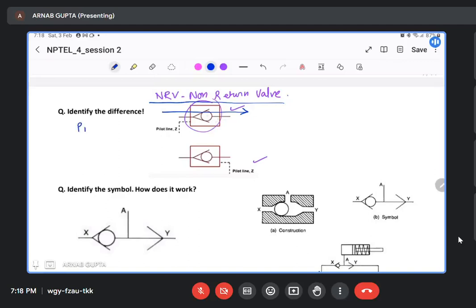This is basically called a pilot to open check valve, or NRV. And if it is on the output line, then it is called the pilot to close check valve.